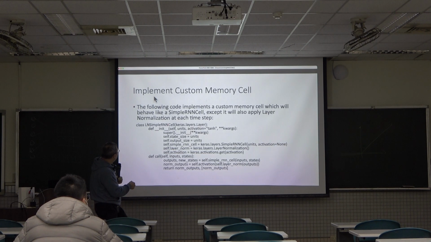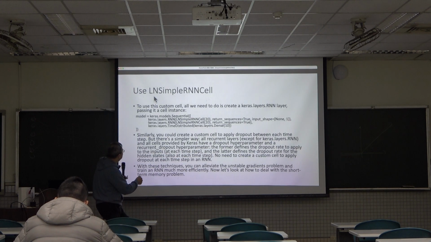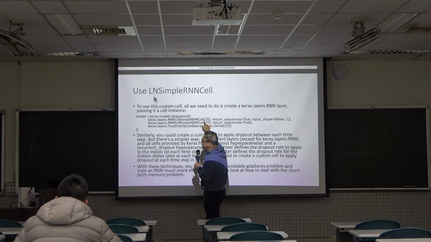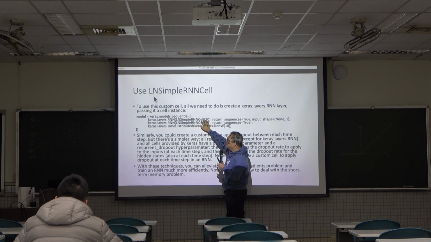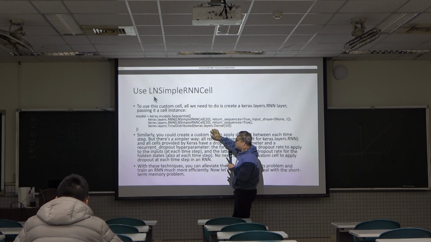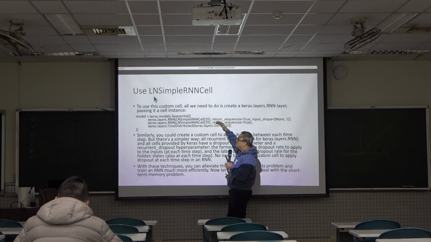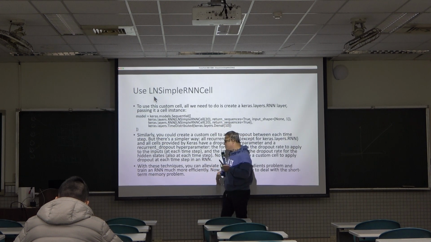This is a simple RNN cell, and we use that to create a simple RNN cell with layer normalization. We have 20 simple RNN cells with layer normalization, and the other parts remain the same.